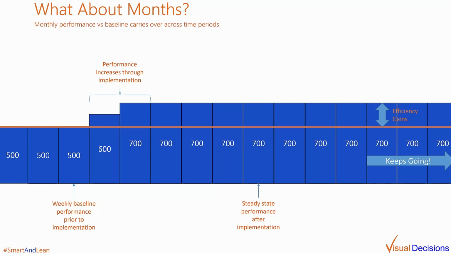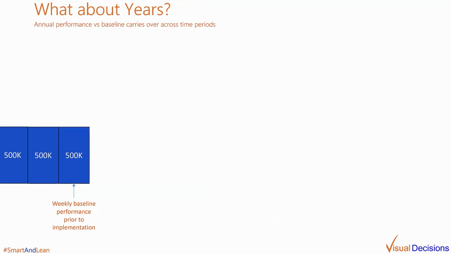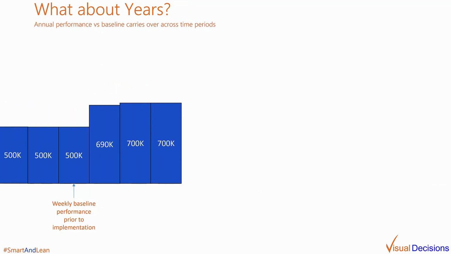So then, if we look at this on an annual basis, once again, we've had an established baseline of performance once we come into the project. But now, through the implementation, we're getting that 40% improvement, and there's no reason why that 40% improvement would go away. Just as we saw with the weekly and the monthly, it's not that it resets back down to 500.